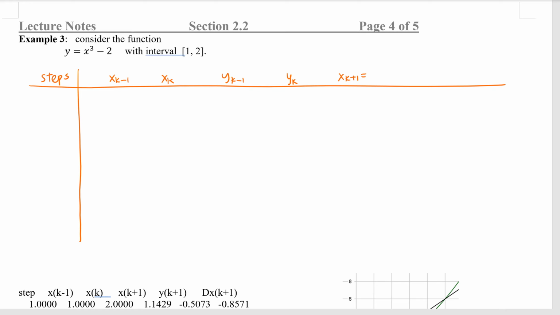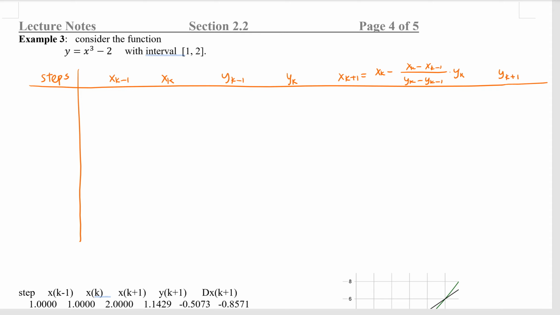So xk plus 1, what is that? Well, that's xk minus (xk minus xk minus 1) over (yk minus yk minus 1) times yk. So far, so good. And at the end, we have yk plus 1.